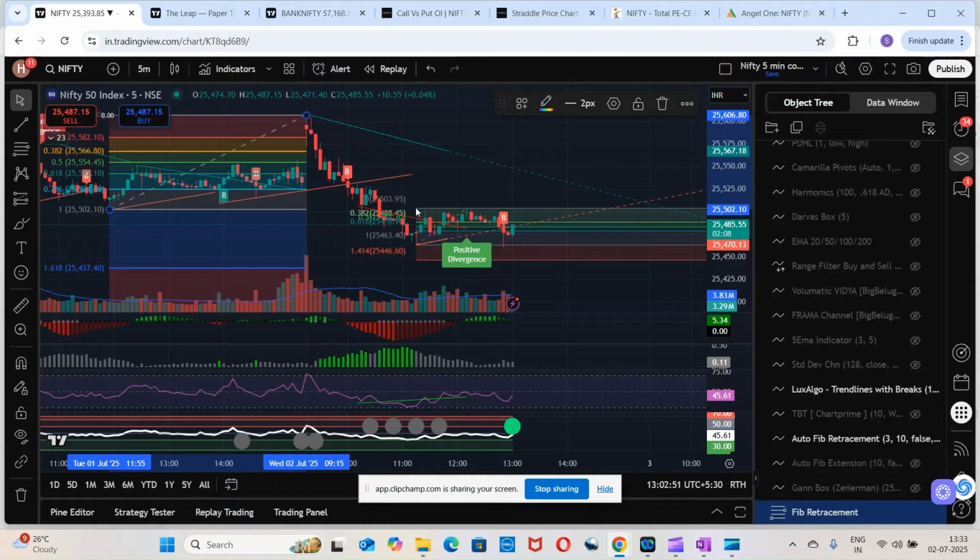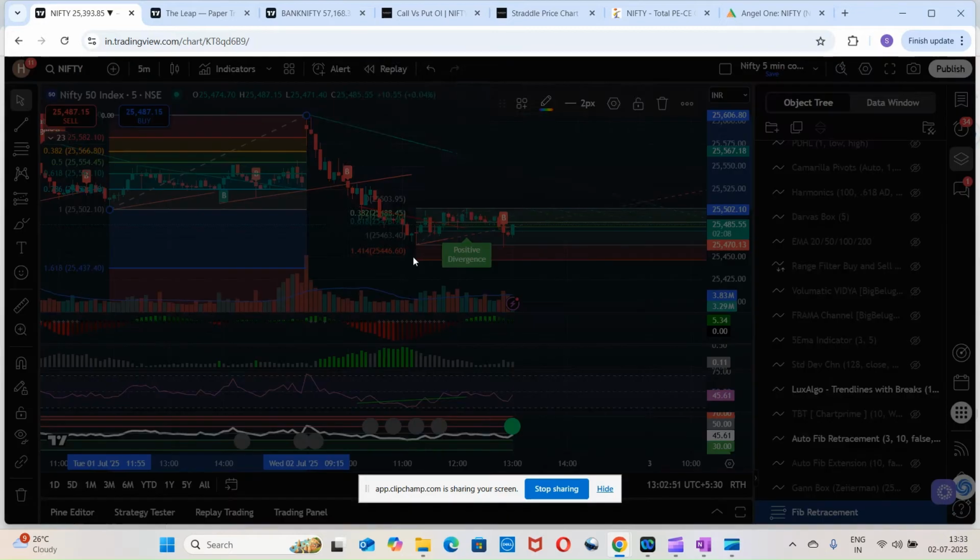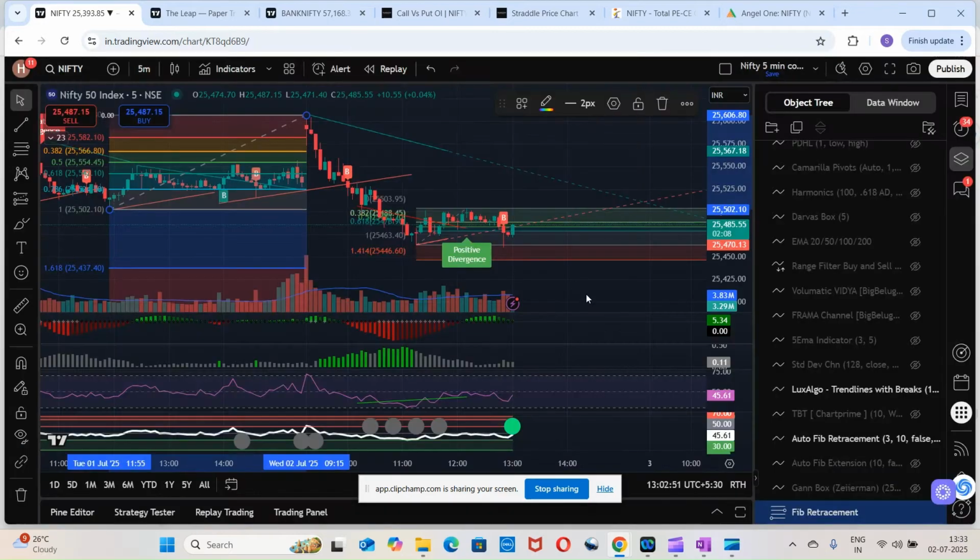It will draw the levels from 0 to 1.414. Generally, the levels that are important are 0.382, 0.5 and 0.618, and they basically trade using these levels.